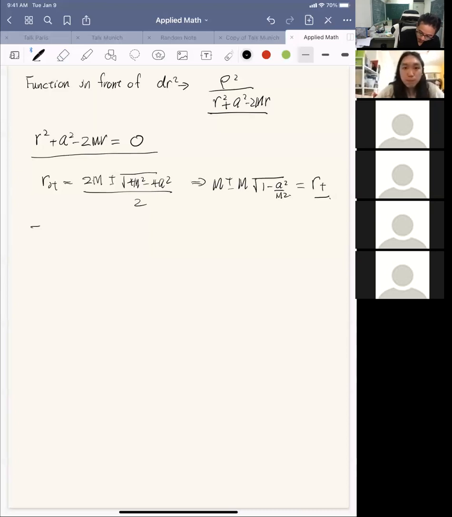Now for the extremal case, sorry, before going to extremal, that means that in order for you to even have a horizon, your a squared over m squared must be smaller or equal to 1. So the angular momentum is bounded by m squared.